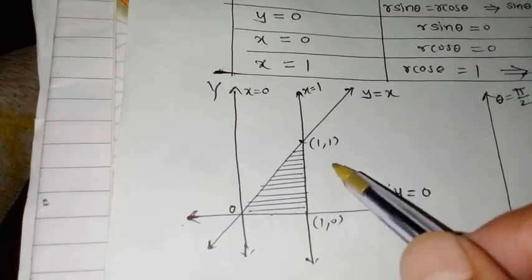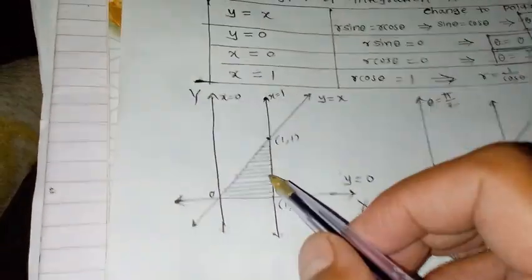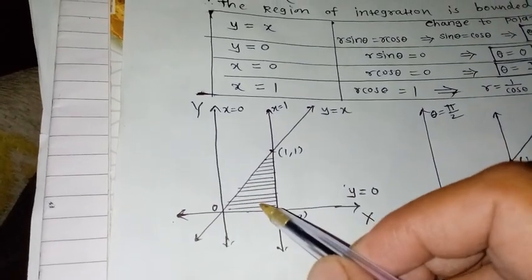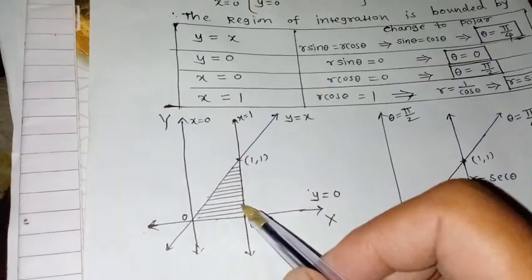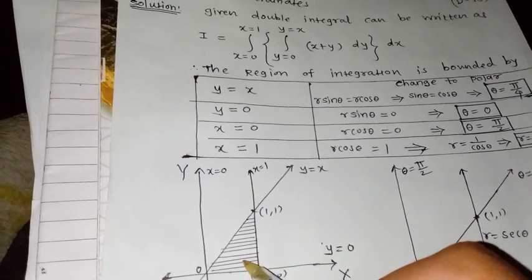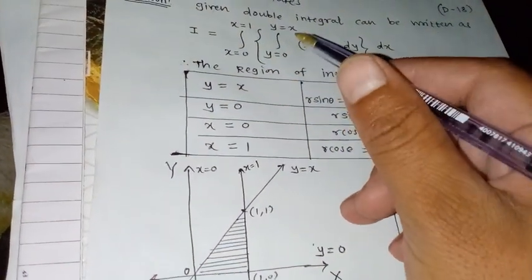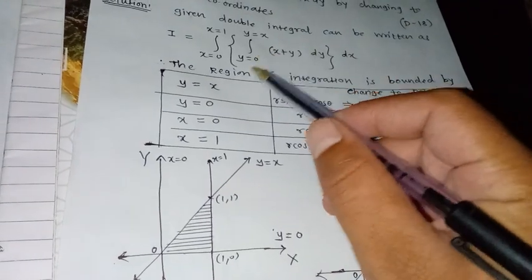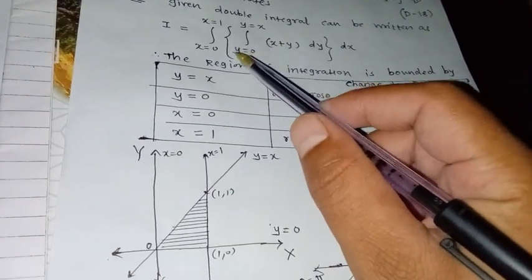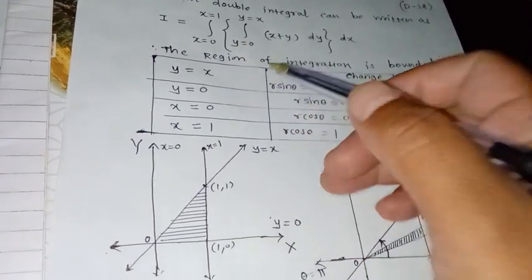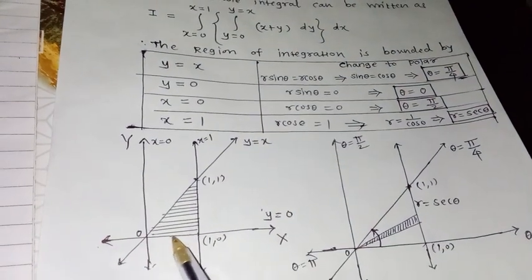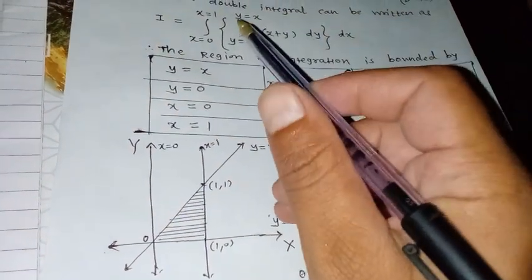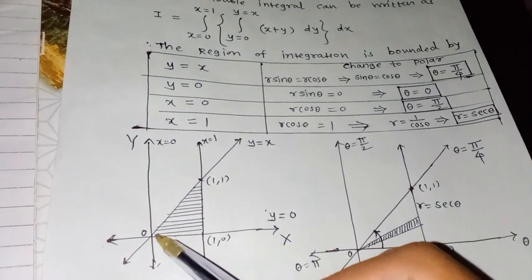Now here I have shaded one region, and that is nothing but the region of integration, and it is taken on the basis of the lower limit and upper limit of both the integrals. That means using that middle integral, our region of integration is starting from y equals 0, that is this line, and ending at the line y equals x, that means this line.